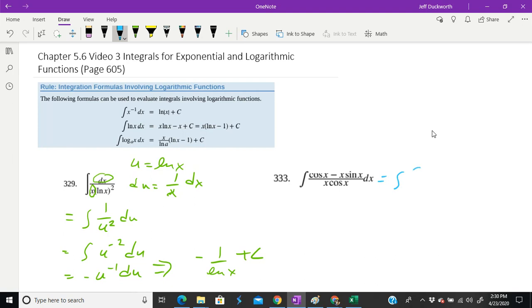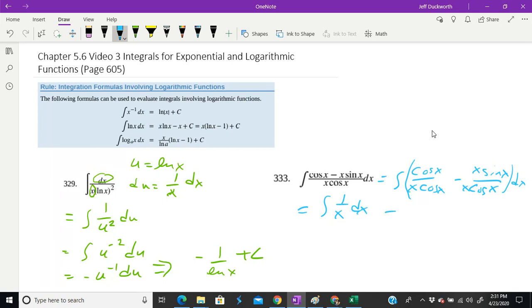This is equal to cosine of x over x cosine of x minus x sine of x over x cosine of x. All right, well, our first fraction there reduces nicely to 1 over x. So I'm going to bring it down here. And I'll break it into 2. So 1 over x dx, which we can do.